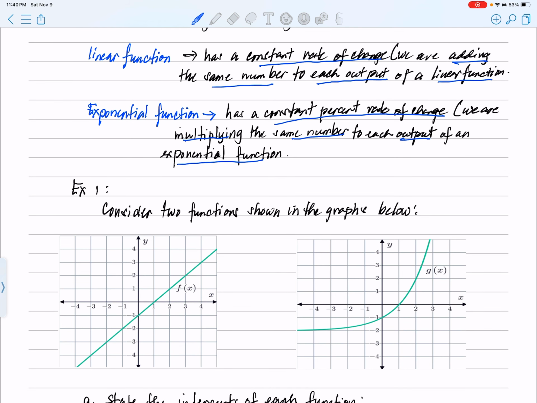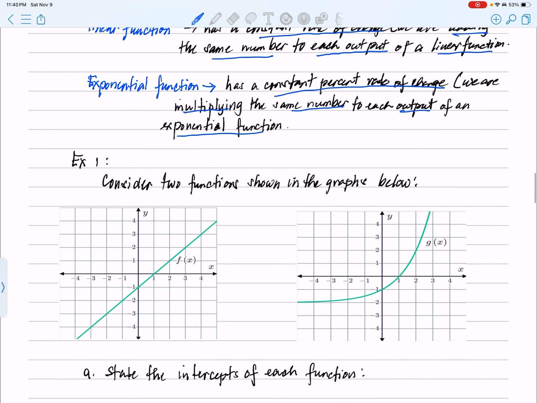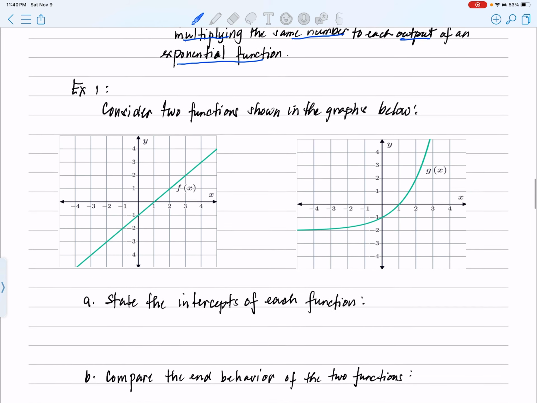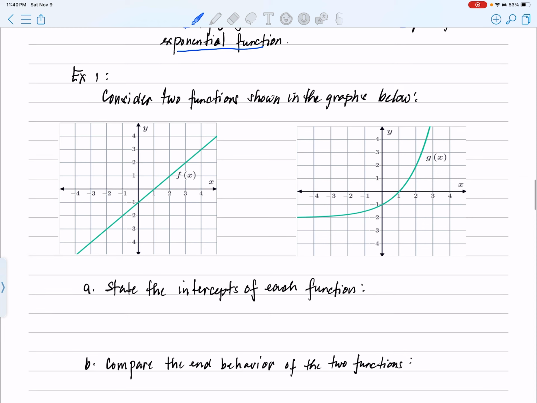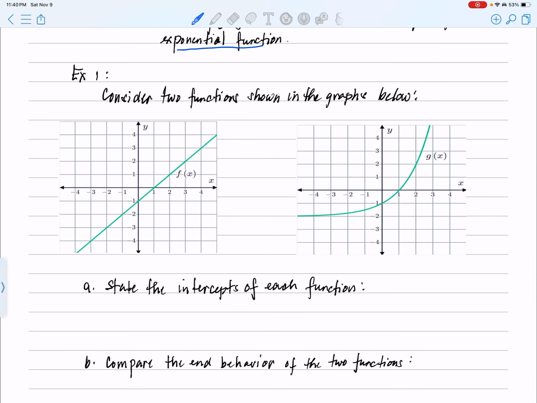So let's have an example. Consider the two functions below using the graph. It's very clear that we are looking at a linear function here, since we can see in the graph that it forms a line, but the second one forms a curve that is going up.